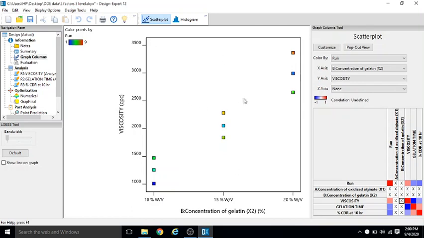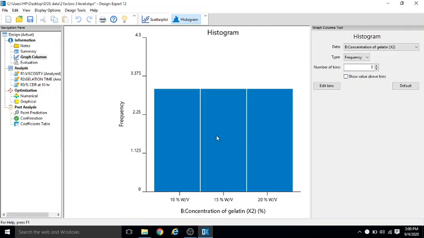So this kind of diagnosis you can do, to see what kind of effects we are getting when we do the experiment using the selected factors and their various levels. Histogram. There is not much information we are getting from this particular plot.